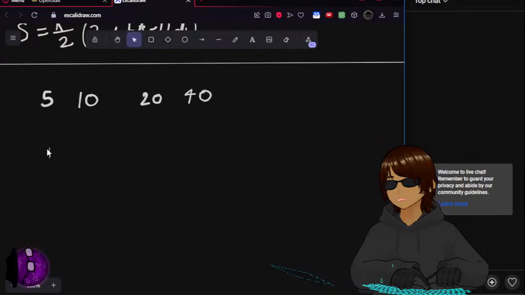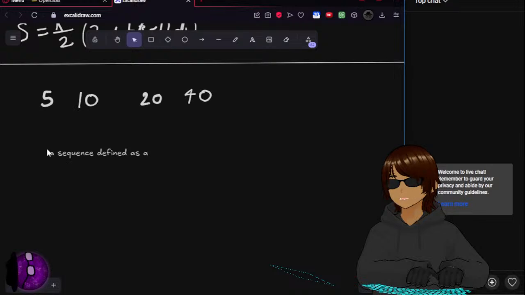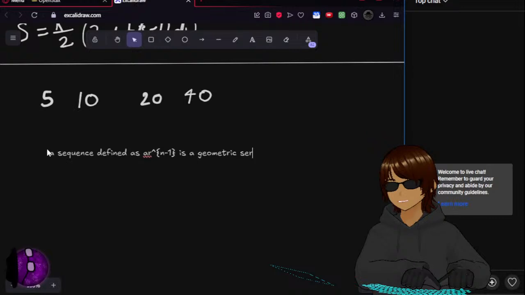A sequence defined as the first term times r to the n minus 1 is a geometric sequence.